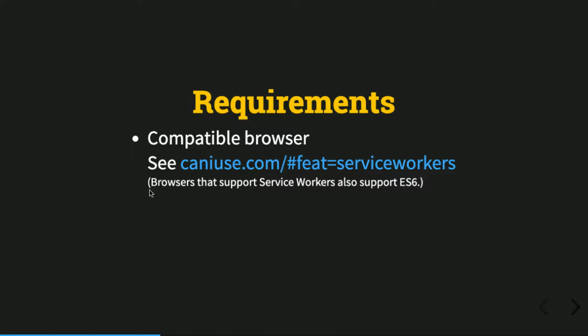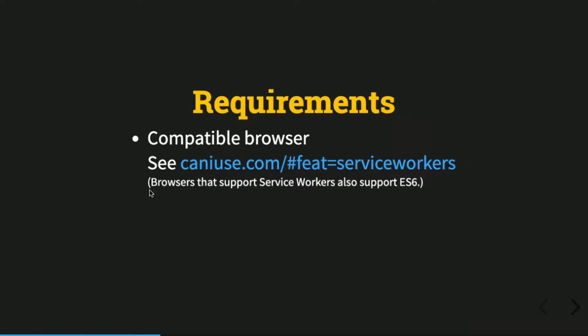And all those browsers that support service workers also support ES6. So all the examples that I'm showing here are using JavaScript, ECMAScript 2015, ES6. That's nice because if you're just coding a service worker, you don't have to use a transpiler to support older browsers that can't support it.